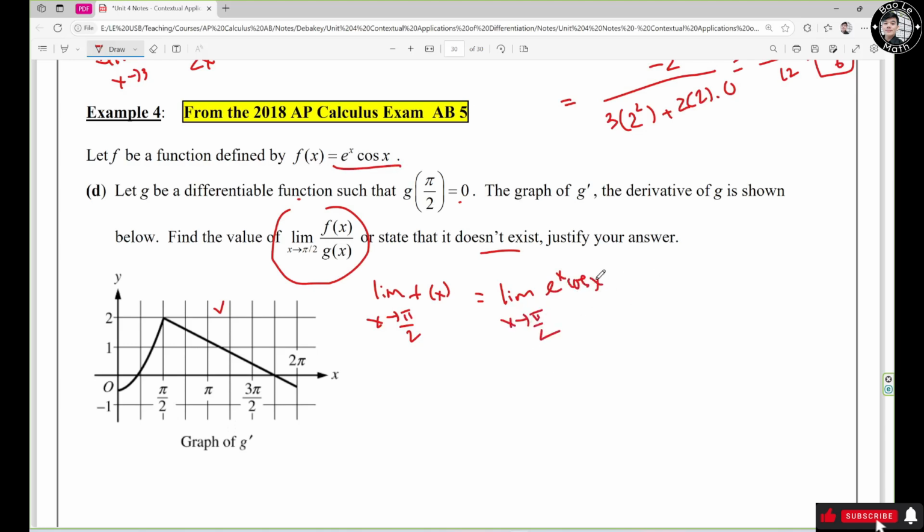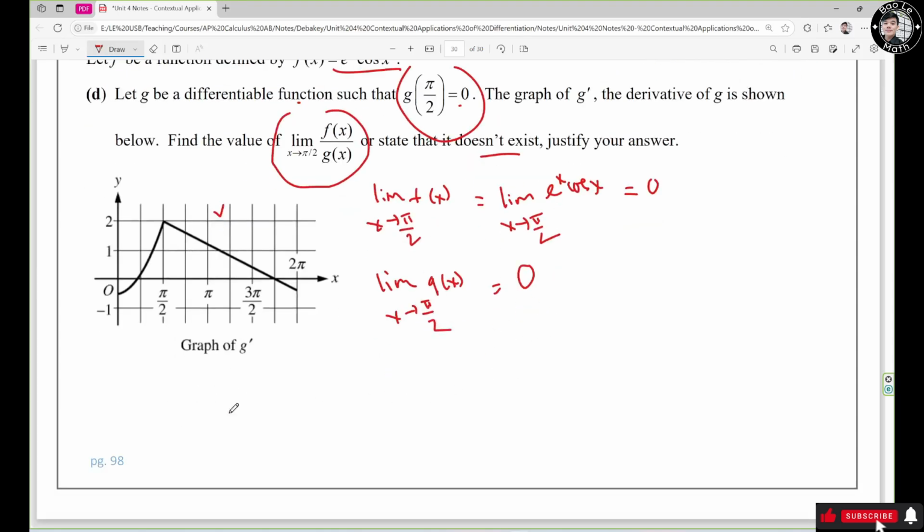Cosine pi over 2 equals 0, so this guy is actually 0, right? Now the limit of g of s when s approaches pi over 2 is actually 0, given right here. So we have an indeterminate form, so the L'Hospital rule applies, right?